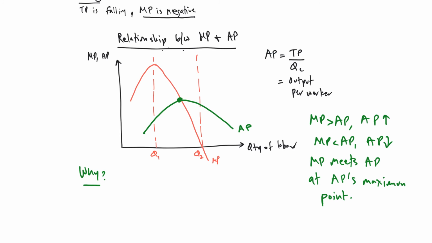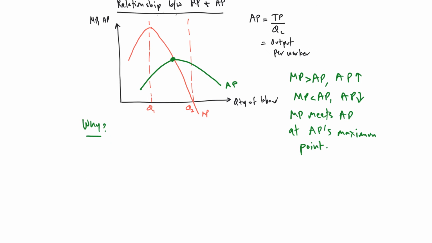So why does this happen? We say basically this happens because of the simple reason that if I do better than the average, let's say my average is 5 and I score better than my average, what happens to my average? It will go up. Isn't that true? You have two tests, in the two tests you got 5 and 5, and in the third test you got 14.